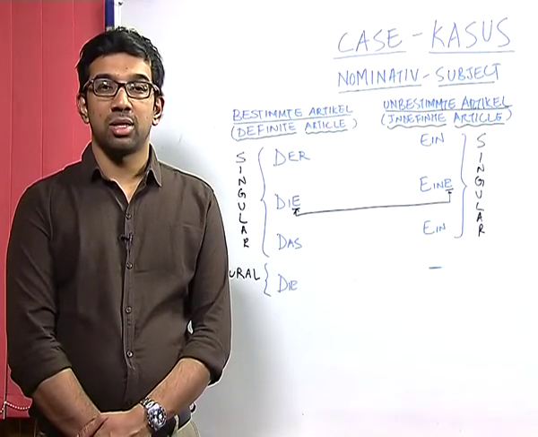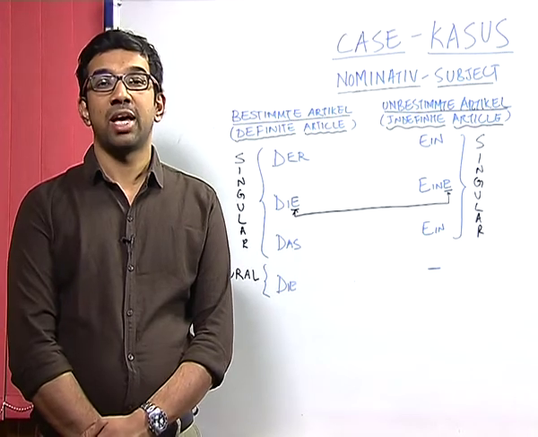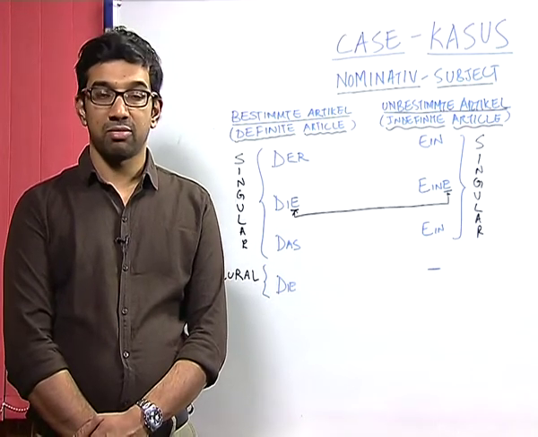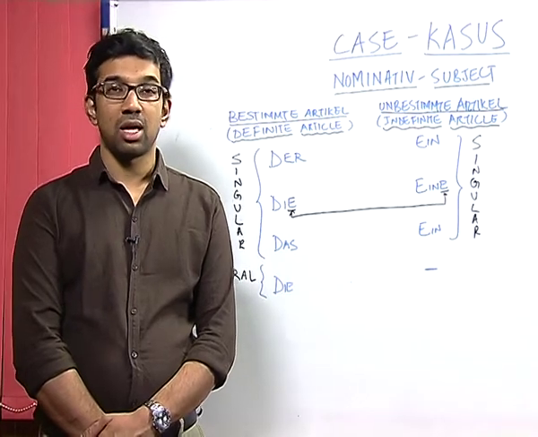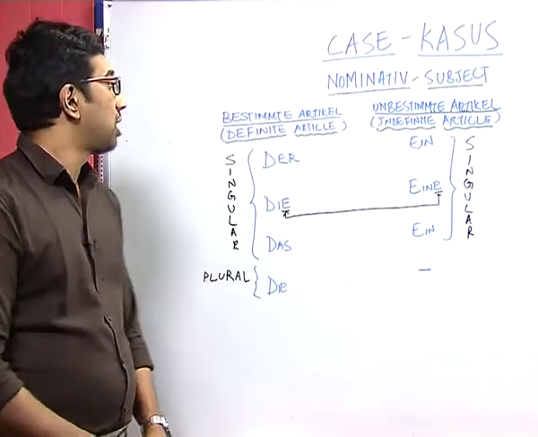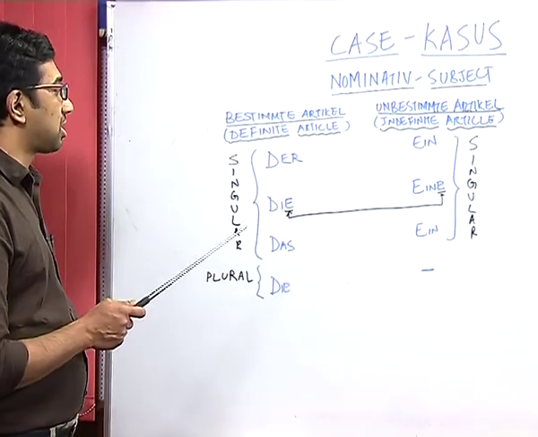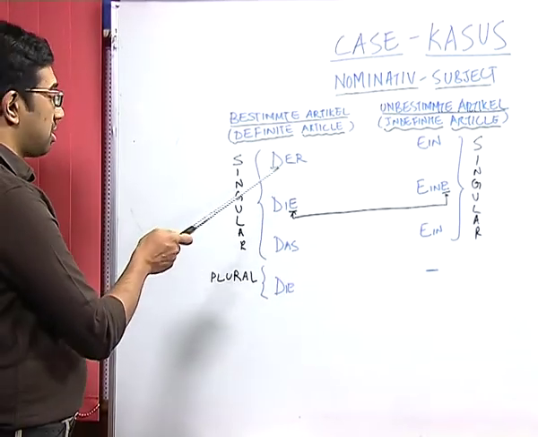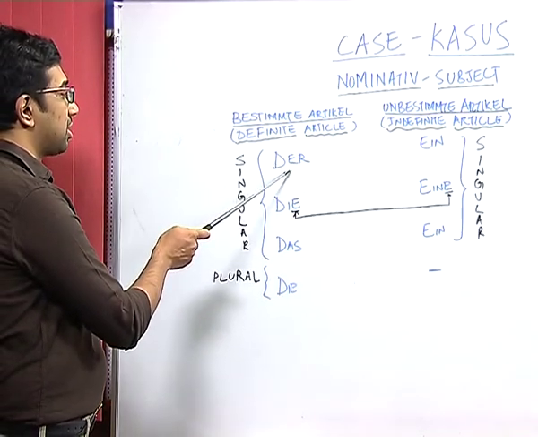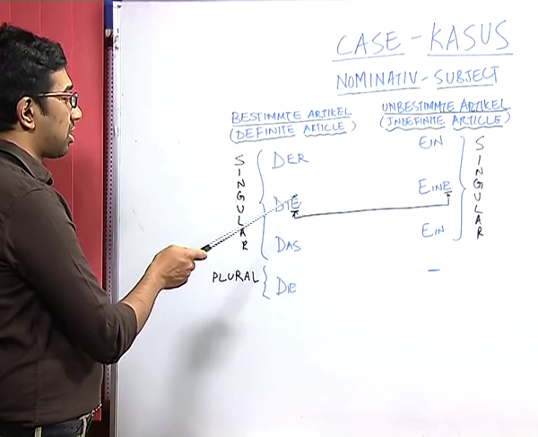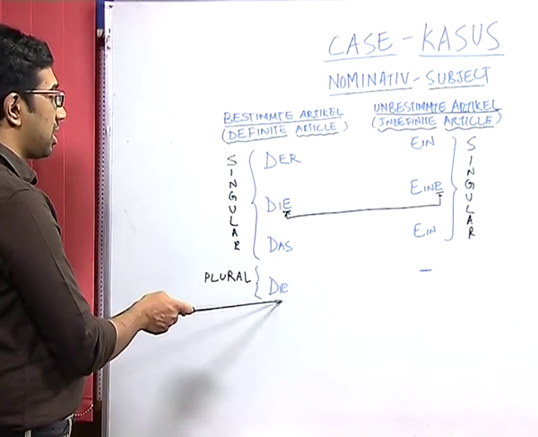Now, since we are dealing with the nominative case, let's look at some other aspects of the case, which includes, as you know, the noun. In the German language, as I told you, there are 3 articles and they are also marked by the gender. Here we have the articles der, die, das and die.